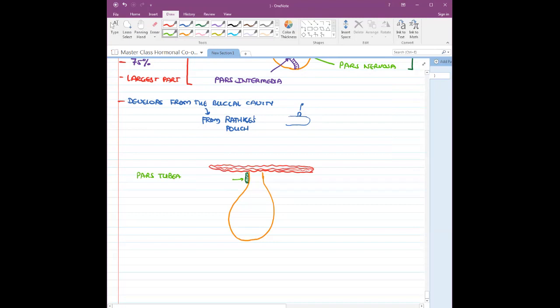But now, what is this pars tuberalis? How is it going to be? When we talk about pars tuberalis, guys, it is nothing but a covering on the hypophyseal stalk.